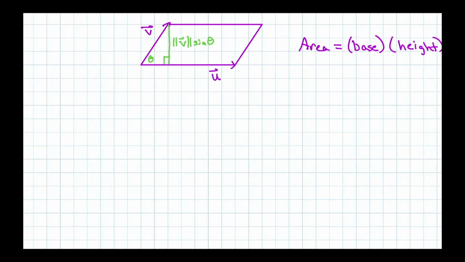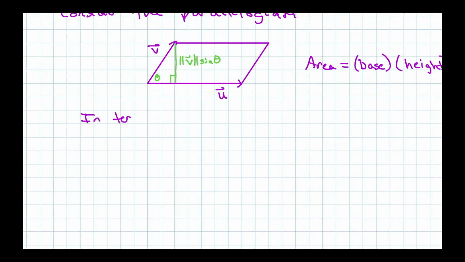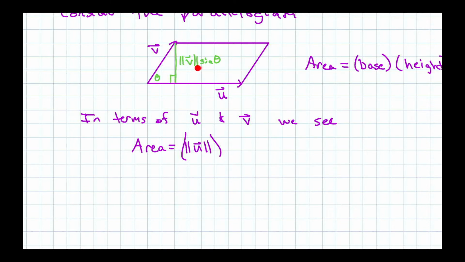So in terms of U and V, we see that the area is the base, and the base is the vector U. So the length of the base is simply the magnitude of U, right? That's your base. Now, if you want the height, we just put the height right here. It's magnitude V sine theta.